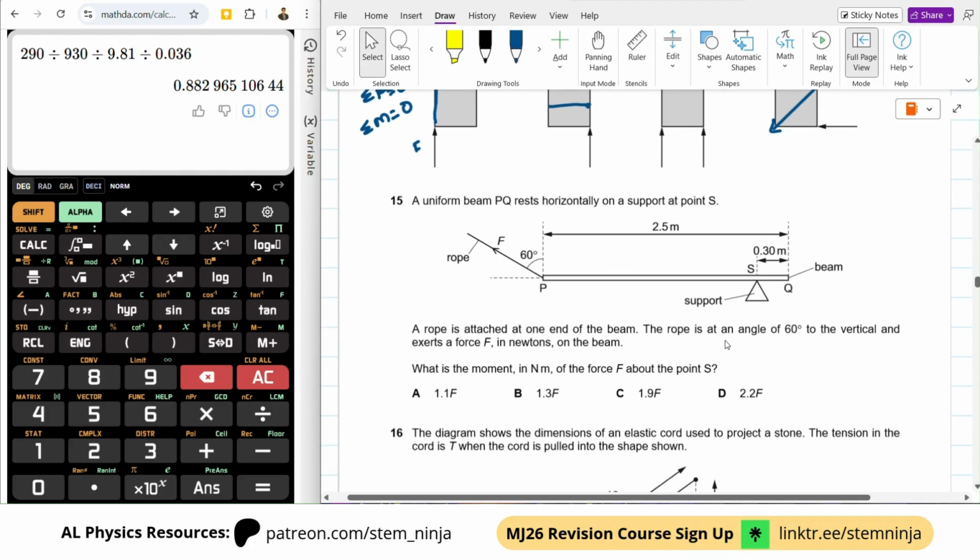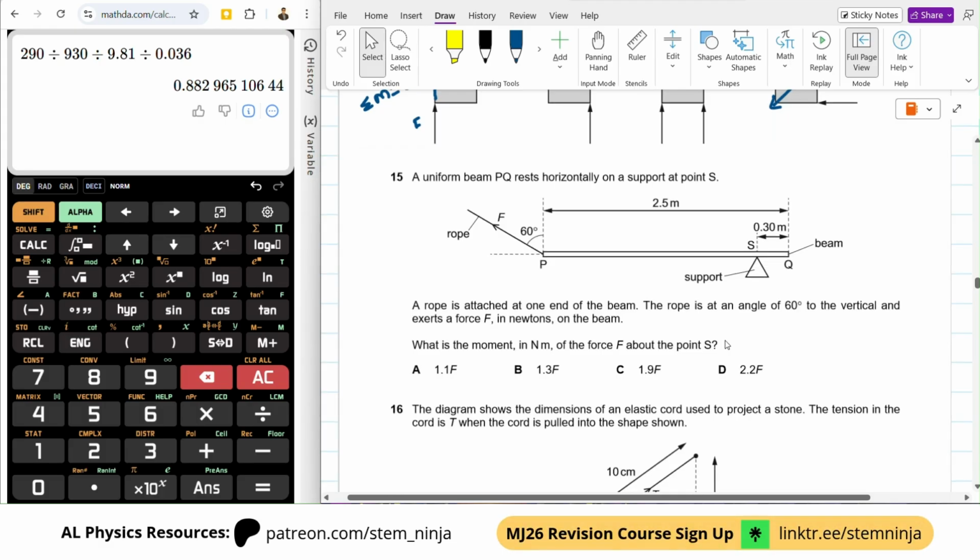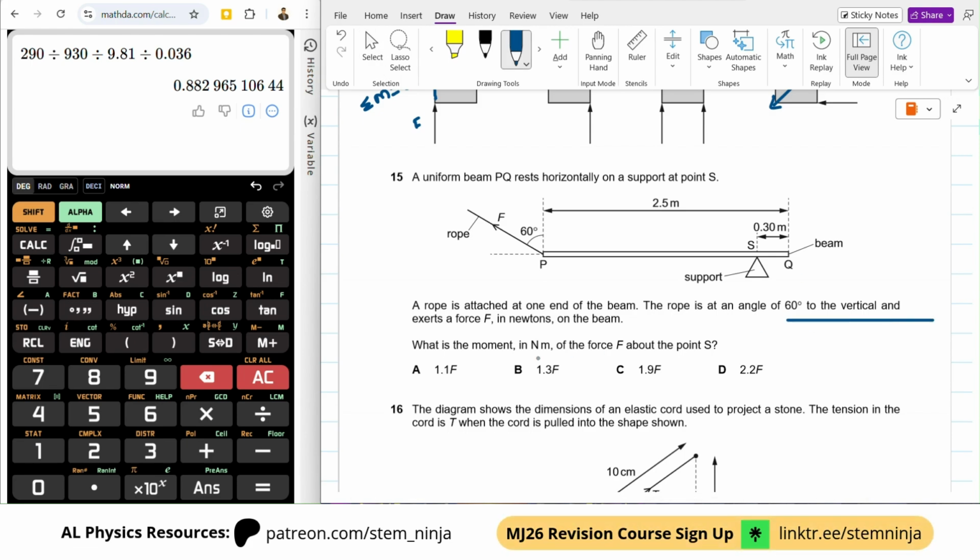A uniform beam PQ rests horizontally on a support at point S. A rope is attached at one end of the beam. The rope is at an angle of 60 degrees to the vertical and exerts a force F in newtons on the beam. What is the moment in newton meters of the force F about the point S? We know that this component of F will not exert a moment, because its line of action passes through the center.